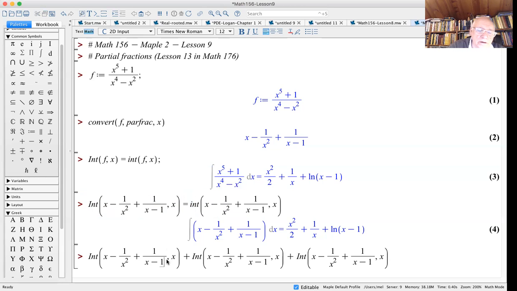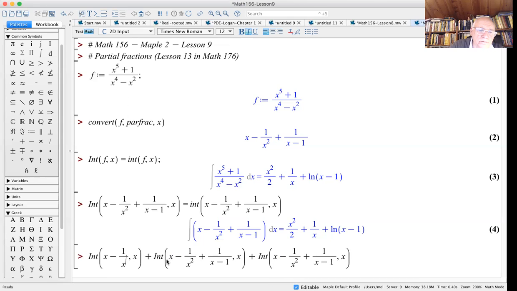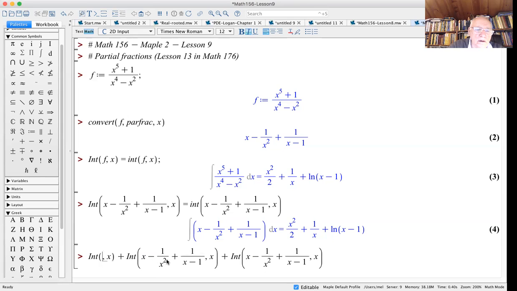So let's say that I just want to do the first partial fraction, which is X, subtract the second partial fraction, which is 1 over X squared, and add the third.